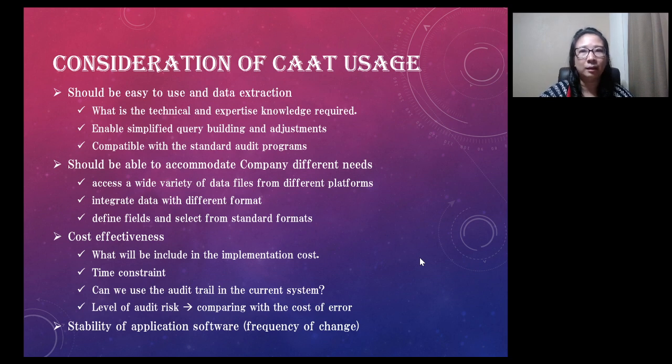The software should not change many times, because usually when the software changes, the CAAT tool also needs to change, so it will be very troublesome.